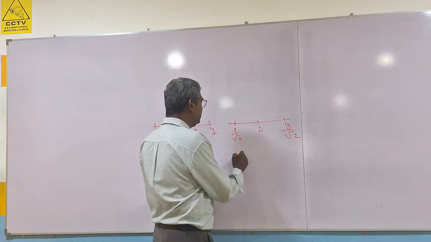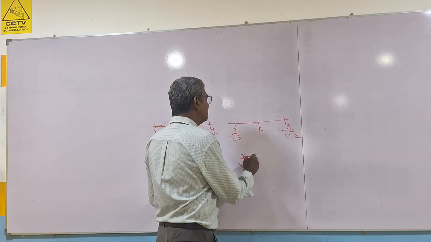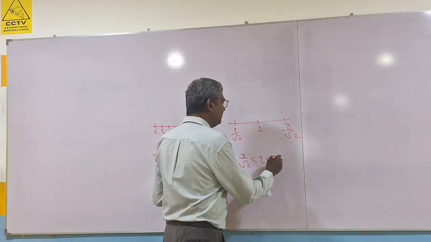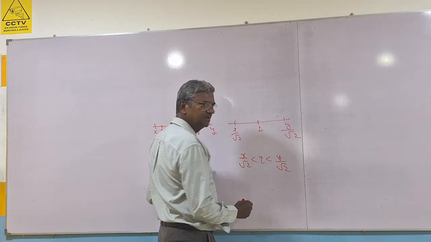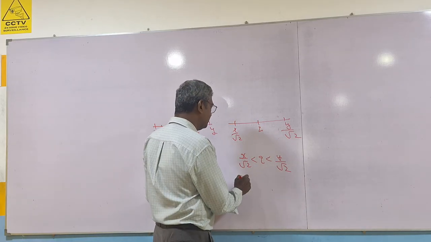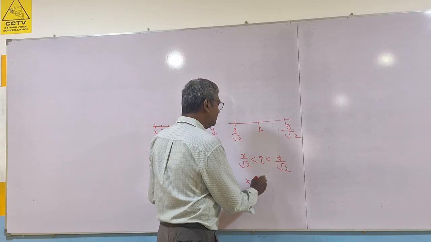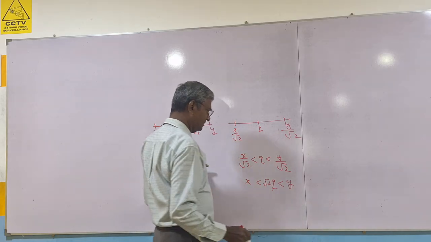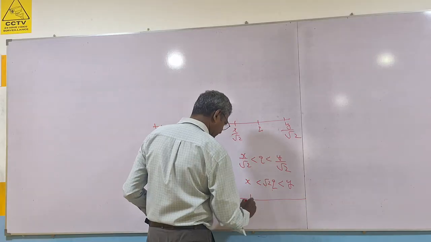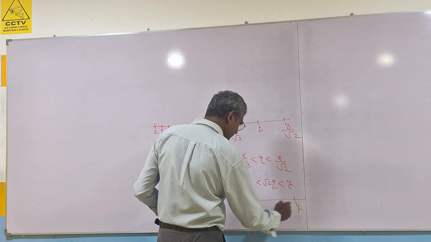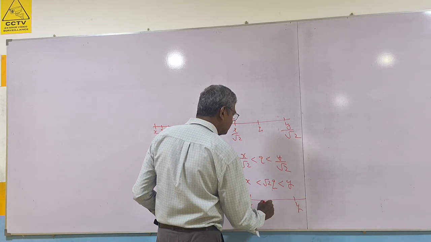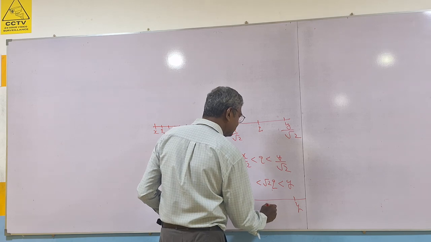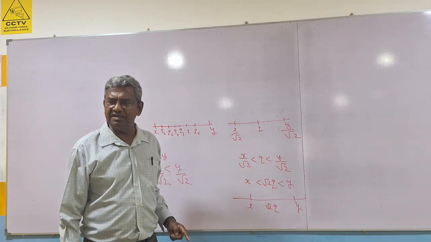Now what do I know? x over root 2 is less than q is less than y over root 2. I multiply by root 2: x is less than root 2 times q, which is less than y. Now I have here is x, here is y, I have root 2 times q. Root 2 times q, is it rational or irrational?